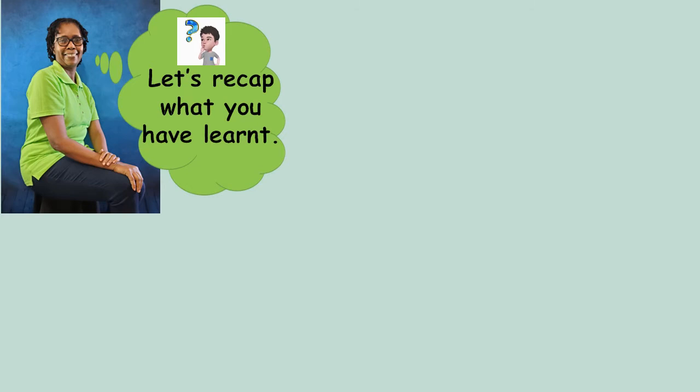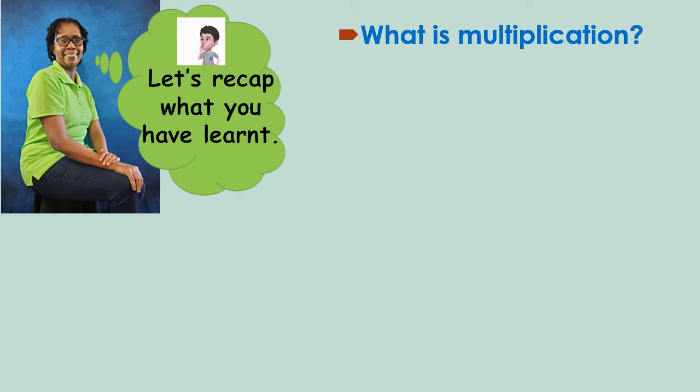All right, so our first question is very simple. What is multiplication? And if you remember this song that we did before we started the lesson, you can know what is multiplication.